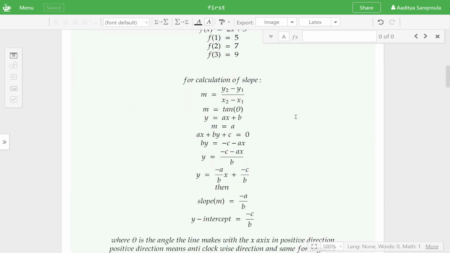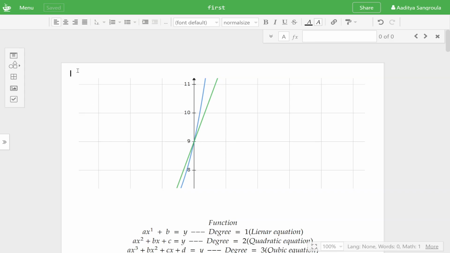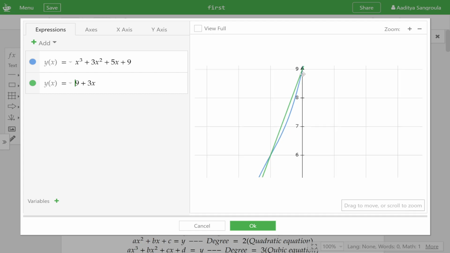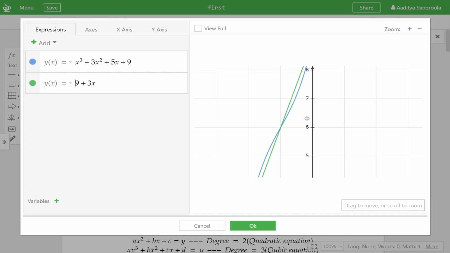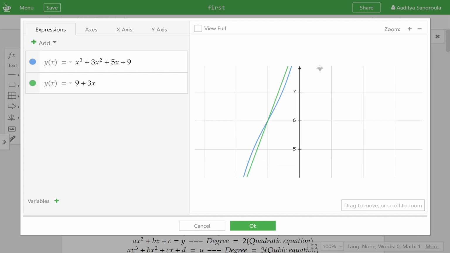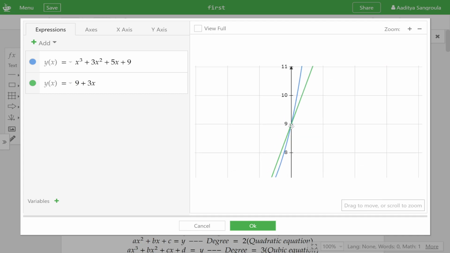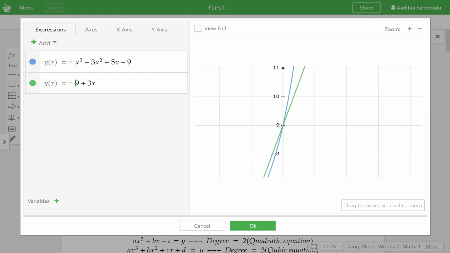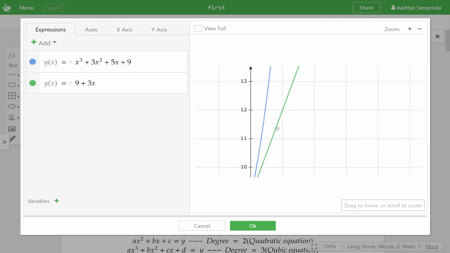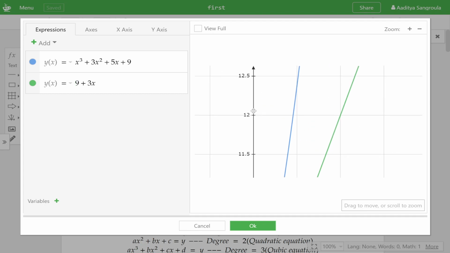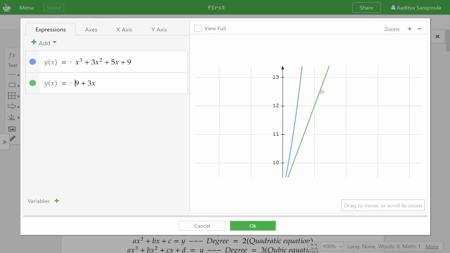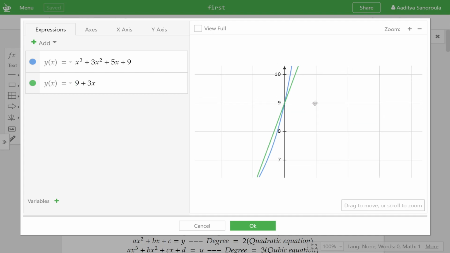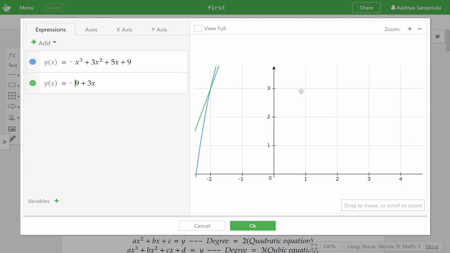And now, if we plug in the value of x, we get out the value of y. So to get y as 9, what do we have to get x as? Well, we have to get x as 0, but that would be a bit too simple. So to get y as 12, if we want y as 12, then we should have our x as 1.